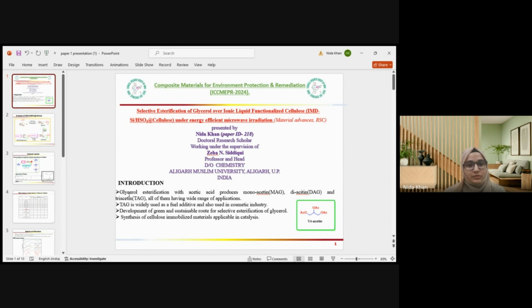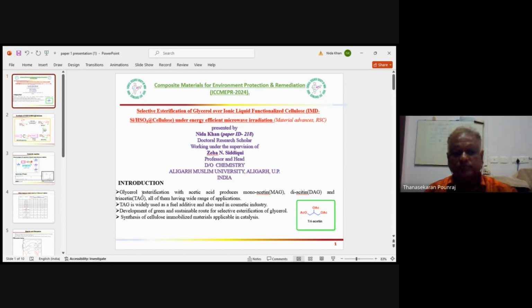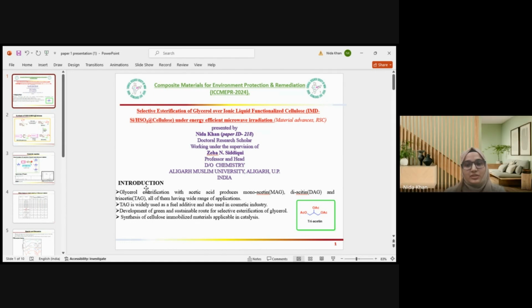Now coming to the introduction part. Esterification of glycerol with acetic acid produces monoacetin, diacetin, and triacetin. Among them, triacetin is widely used as a fuel additive and also in the cosmetic industry. Therefore, we developed a green and sustainable route for selective esterification of glycerol.